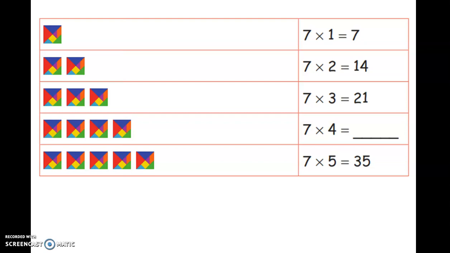Here there are 2 boxes. Then 7 colors into 2 boxes is equal to 14 colors. Do you know the answer for 7 colors into 4 boxes? Yes, that's right. It is 28 colors.